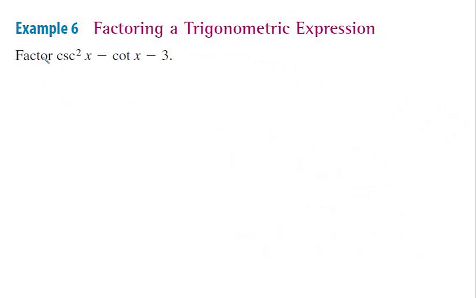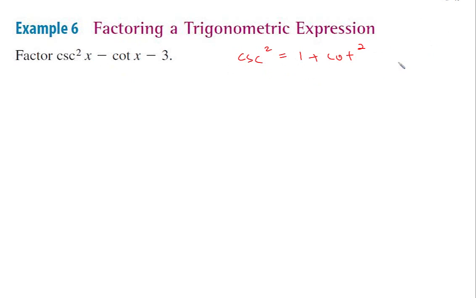The next example here, we need to factor this one, but there's a problem. We have different trig ratios here. Whenever these trig ratios are squared, you want to always check your Pythagorean identities. So we know that cosecant squared is equal to 1 plus cotangent squared.